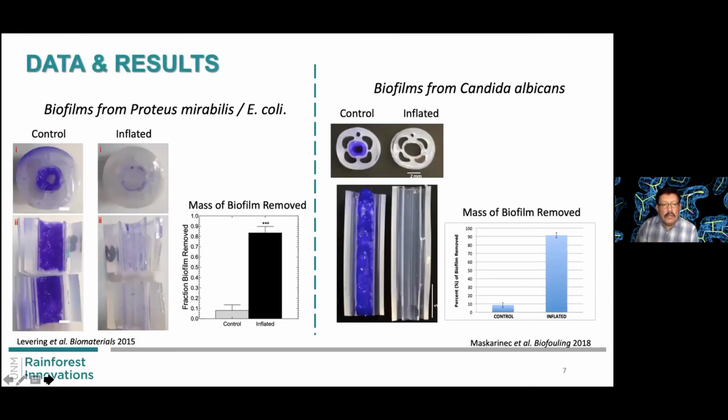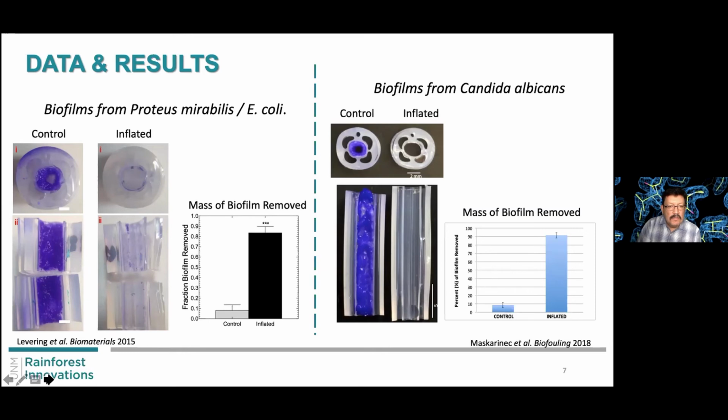And so here are the results, on the left for the bacteria, on the right for the yeast. After we're done with the experiment, we stain the bacteria or the yeast with a purple dye. You can see that in the control, you have a good amount of biofilm formation, biofouling of this lumen.